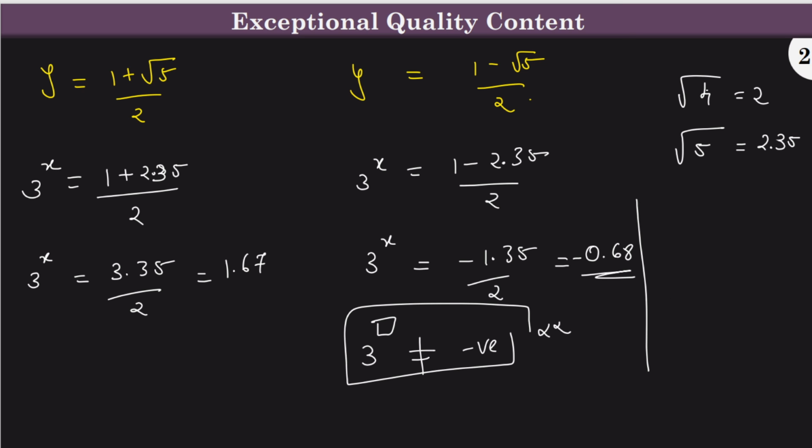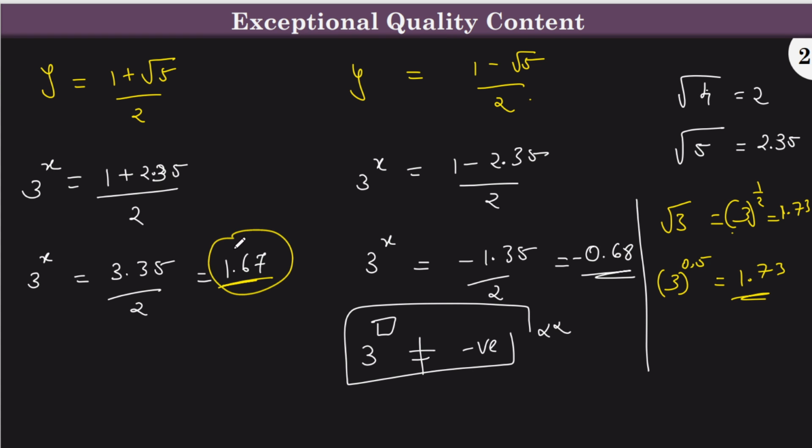Now see what we know. Under root 3, or 3 raised to 1 by 2, equals 1.73. We know the approximate value of the square root, that is 1.73. That is nothing but 3 raised to 0.5 equals 1.73. We need 1.67.